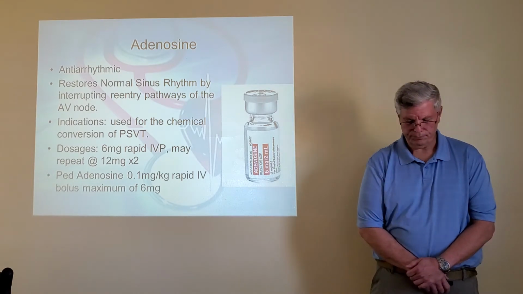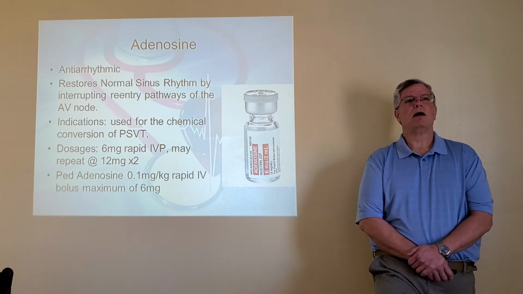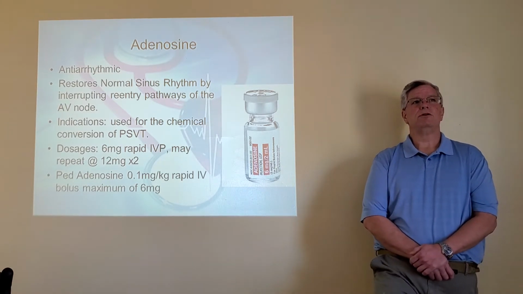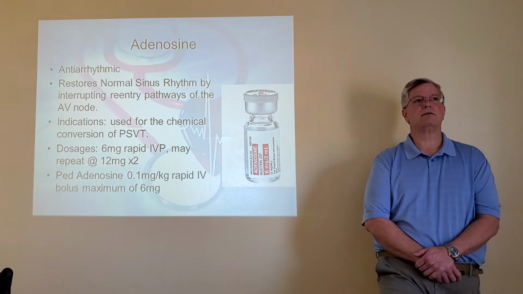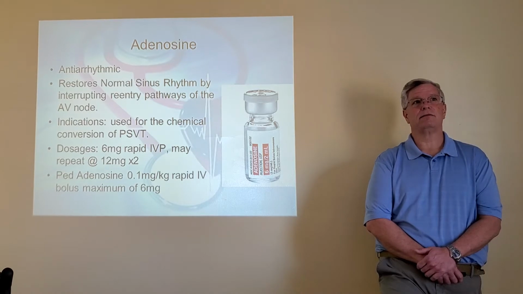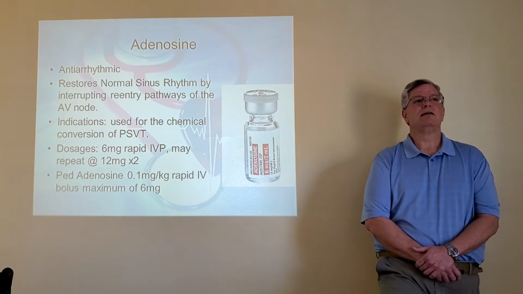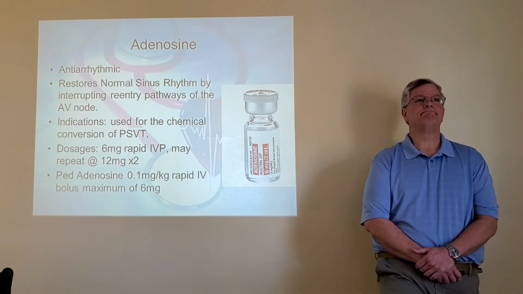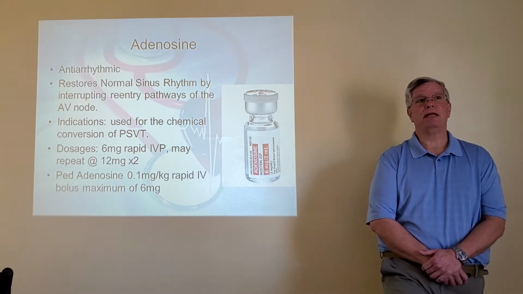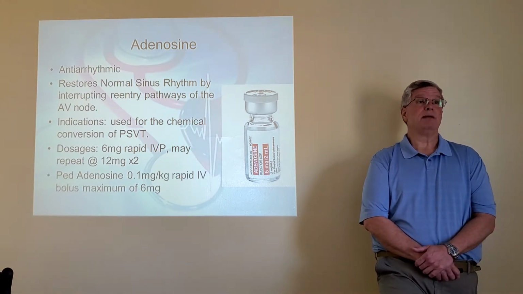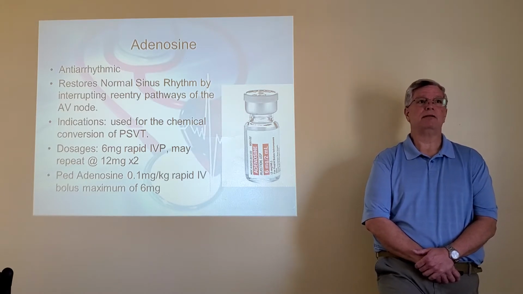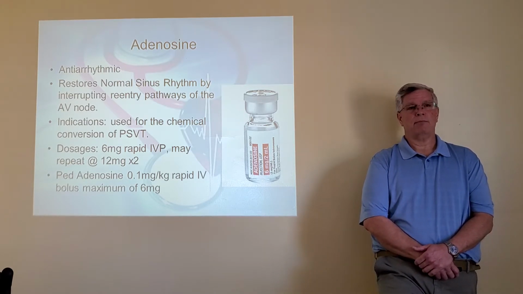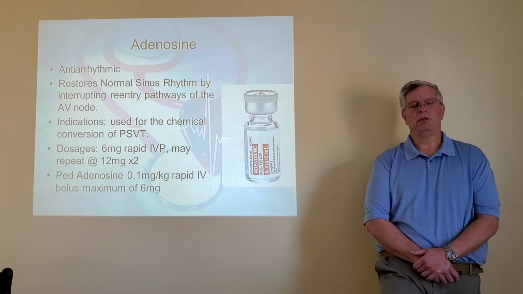Adenosine. Used for converting VT. The dosage on it is 6 milligrams rapid IV push, and may repeat 12 milligrams times 2.